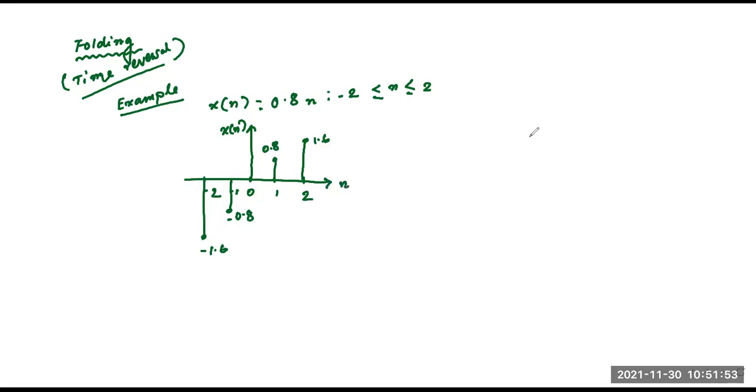Okay. So look at this. If this signal is being folded, then what will be the version? Zero's position will be kept fixed. This is the -1 position. This is -2 position. This is 1 position. This is 2 position. So from the 0th position, there will be a fold.